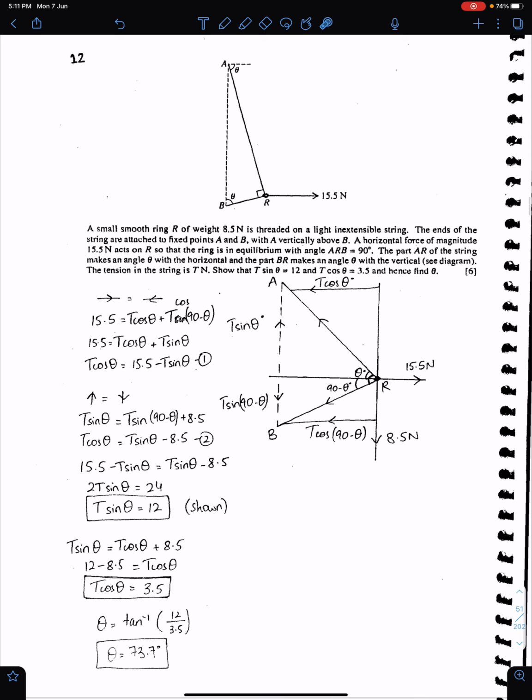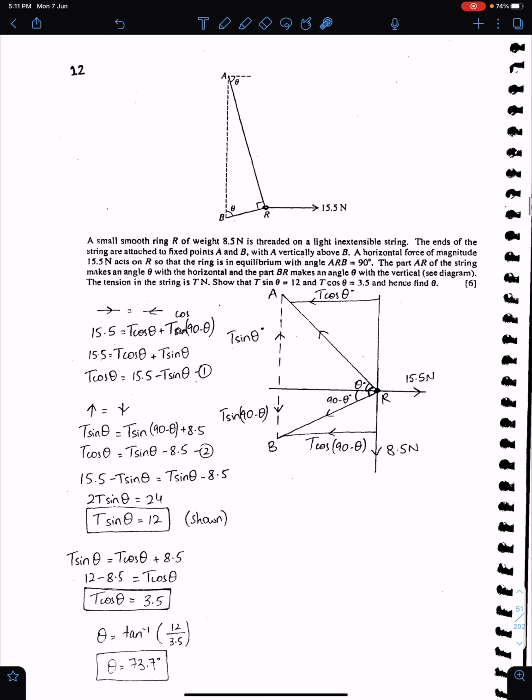Next example. This is the ring R. A small smooth ring R of weight 8.5 newtons is threaded on a light inextensible string.